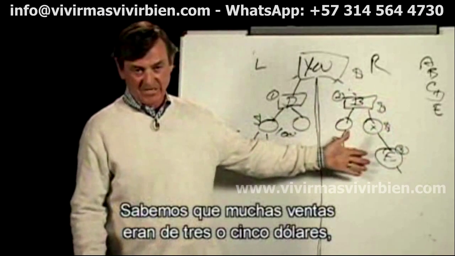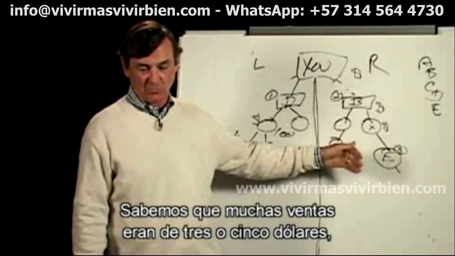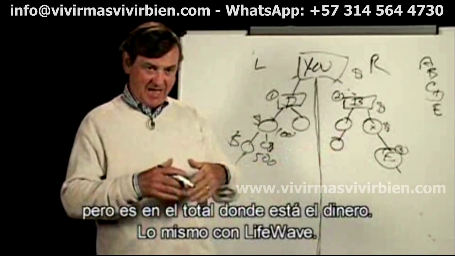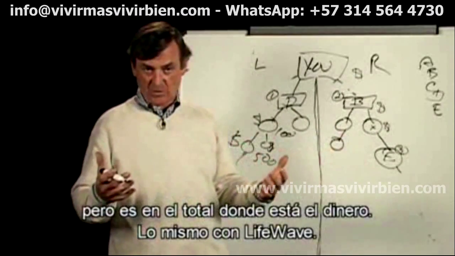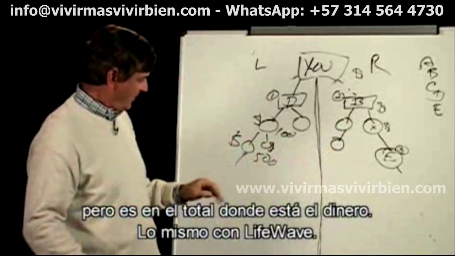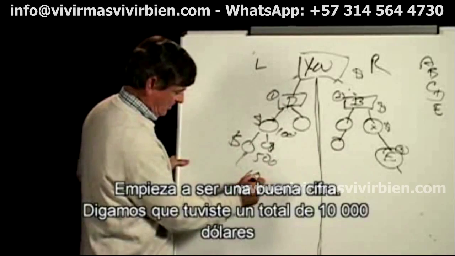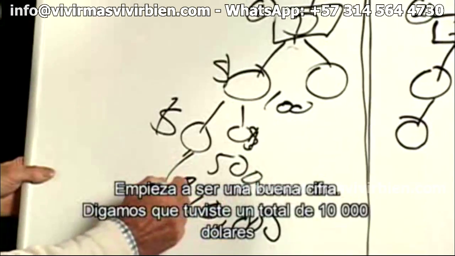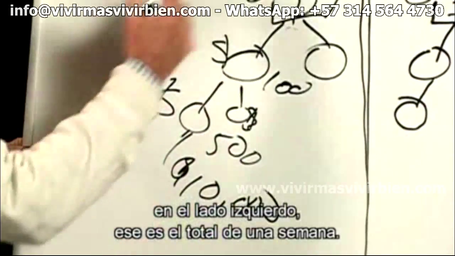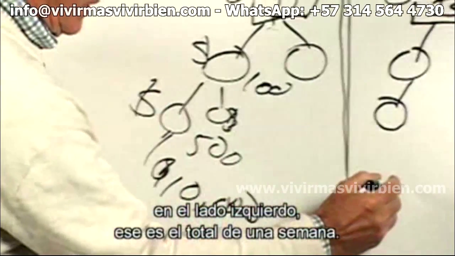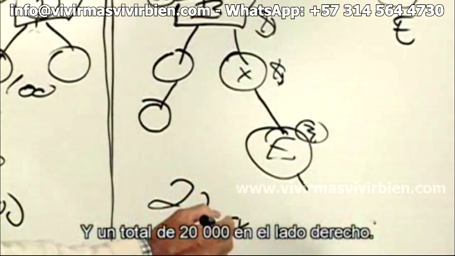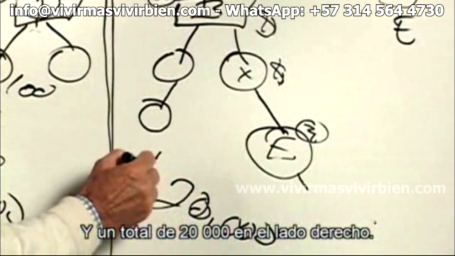Knowing a lot of them were a $3 sale, a $5 sale, or whatever, but it's the total of where the big money is. Same thing with Lifewave. So this is beginning to add up. And let's say that you had a total of $10,000 on the left side, everything added up for the week, and you had $20,000 on the right side.